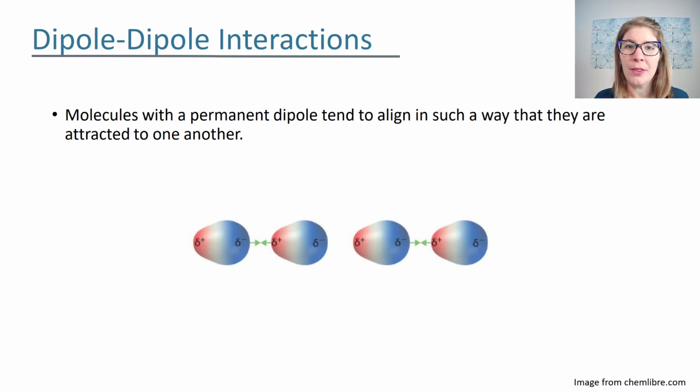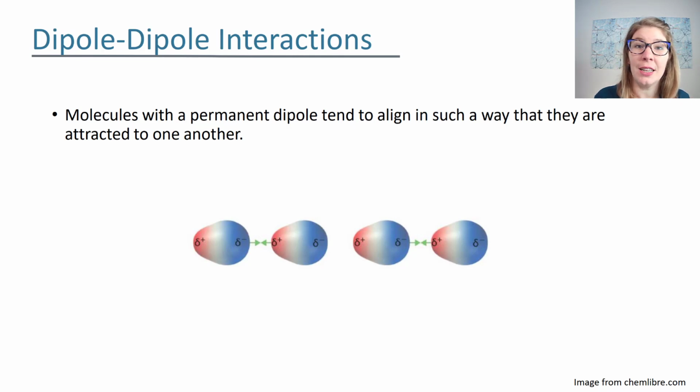When something's capable of hydrogen bonding, it's because the dipole is massive. Whereas in dipole-dipole interactions, you still have the same kind of heart of what's going on. You have a partial positive and a partial negative, and they're attracted to one another. It's just that these aren't as strong of a dipole.